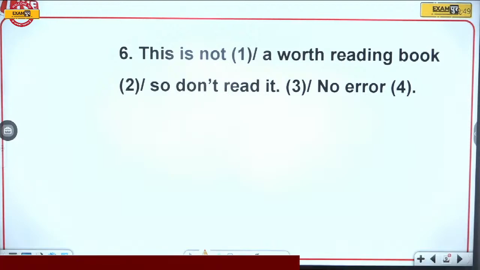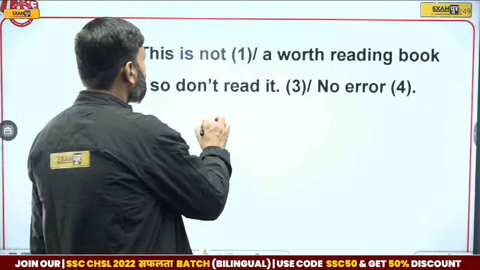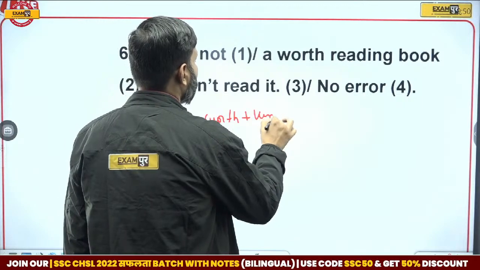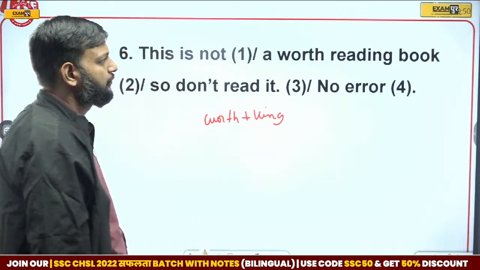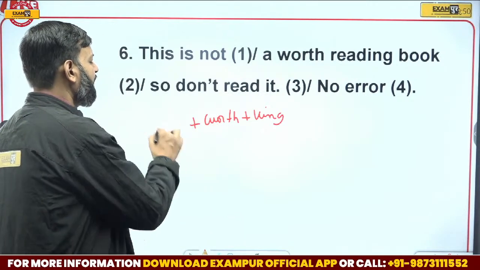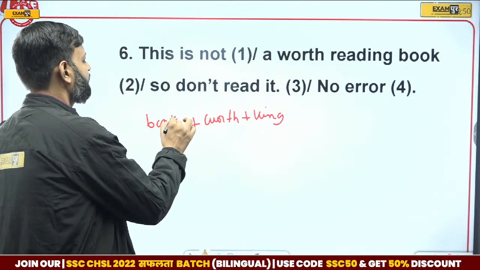See, whenever we use "worth," it is always followed by "ing," and the noun that worth modifies should come before it.